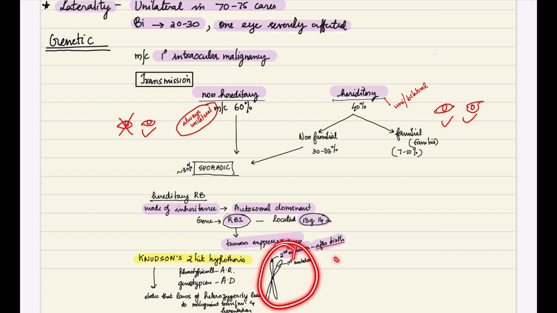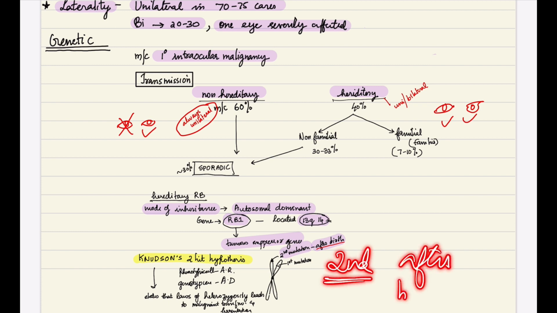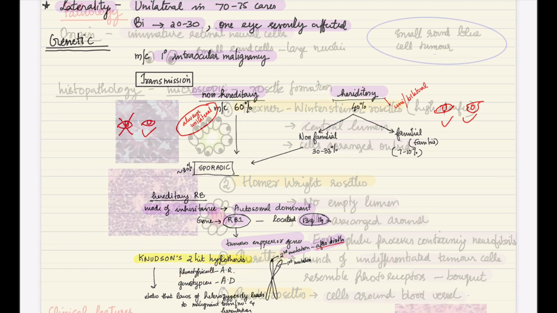Here, two mutations occur, and the second mutation is after birth. And this retinoblastoma is phenotypically autosomal recessive.